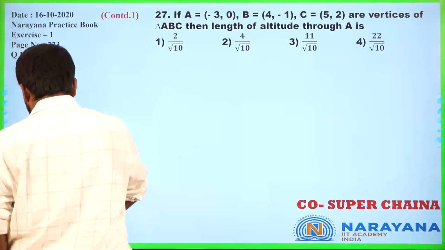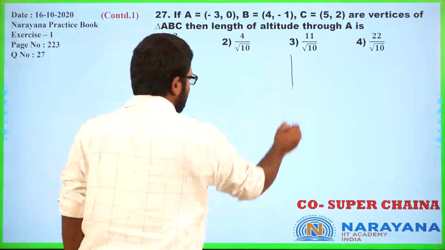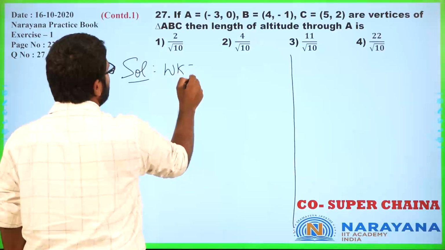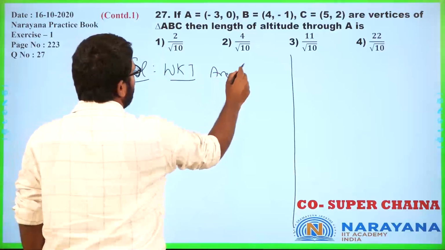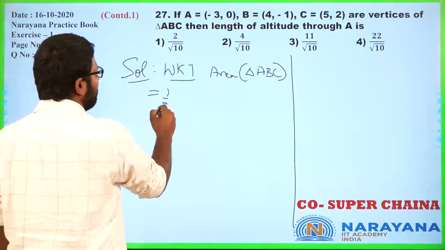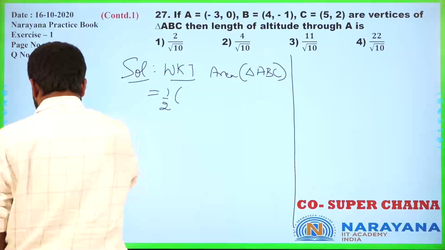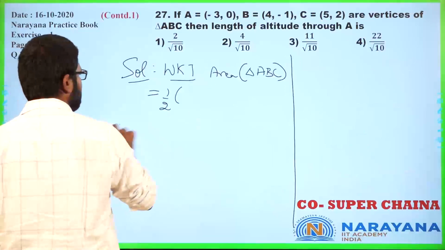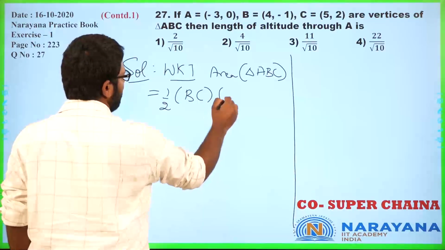So we know that area of triangle ABC can be written as half base into height. What is the base? BC. Height is AD, right? So half BC into AD.